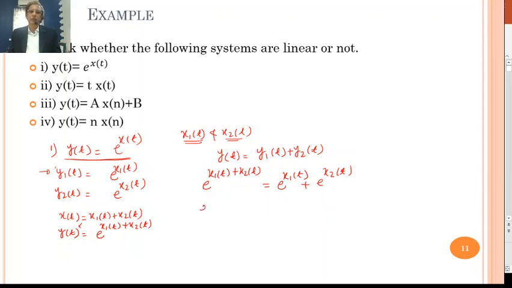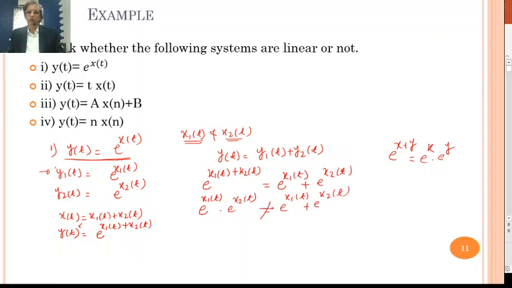No, because e raised to x plus y equals e raised to x into e raised to y. Means this is e raised to x1t into e raised to x2t, and that is not equal to e raised to x1t plus e raised to x2t.